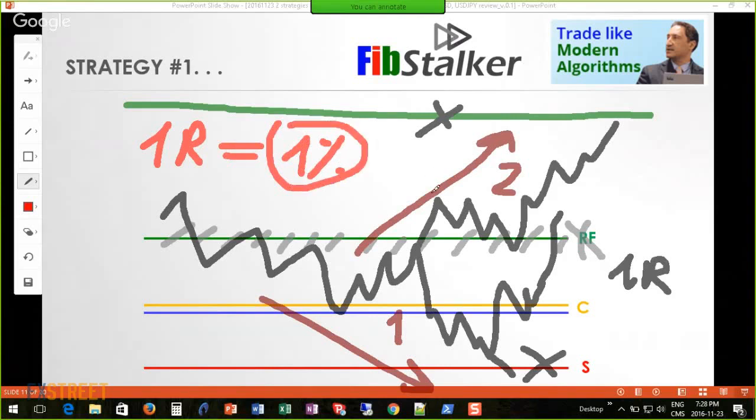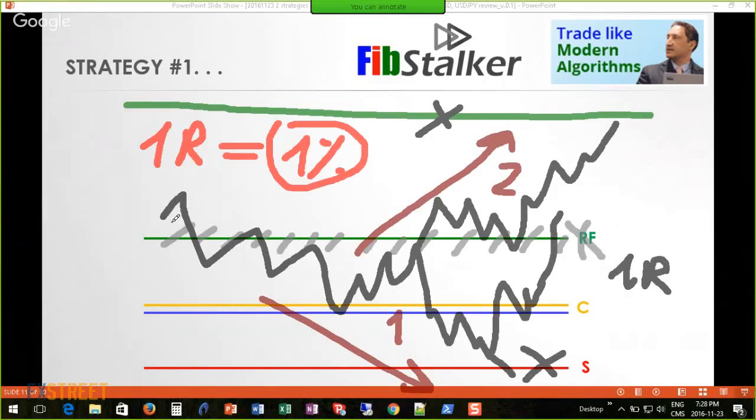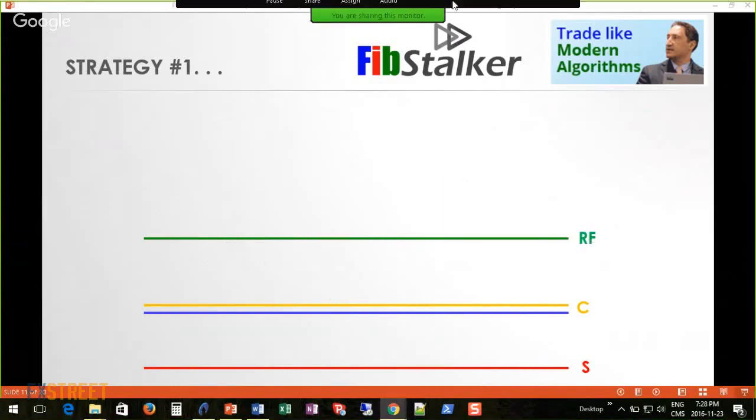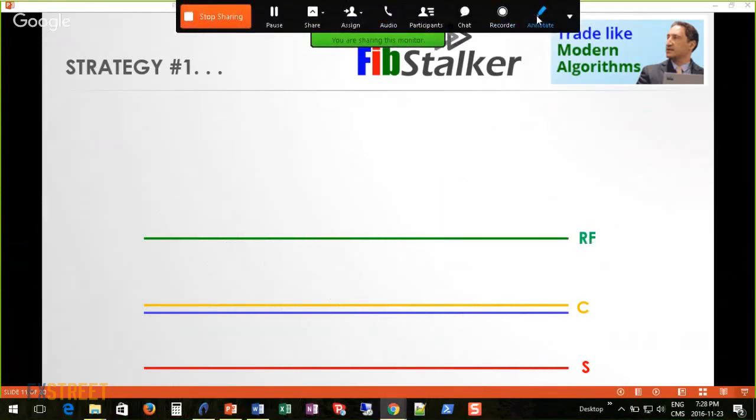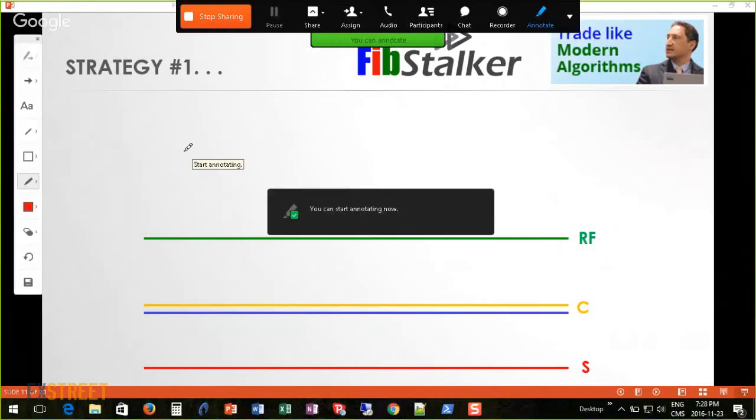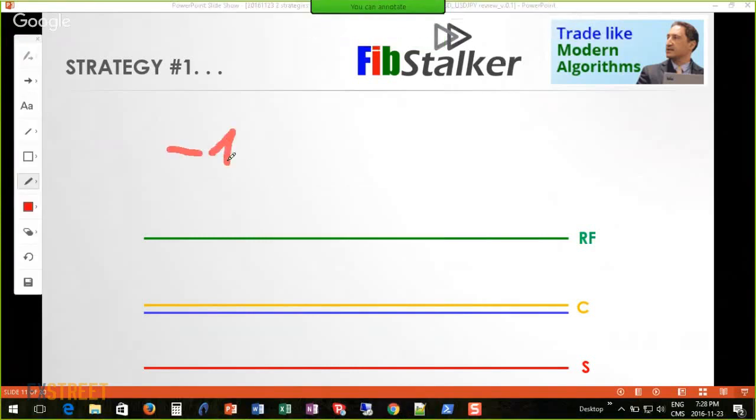Now, 1% is not a big deal, but I know a lot of traders, especially starting traders, who believe that they can conquer the market with discretionary decisions, and they risk way more than 1%. In fact, there are people who risk 10 to 20% without even realizing it. And how do they do that?